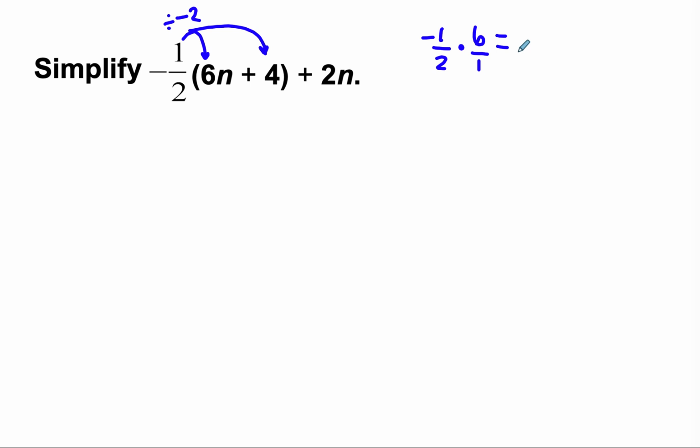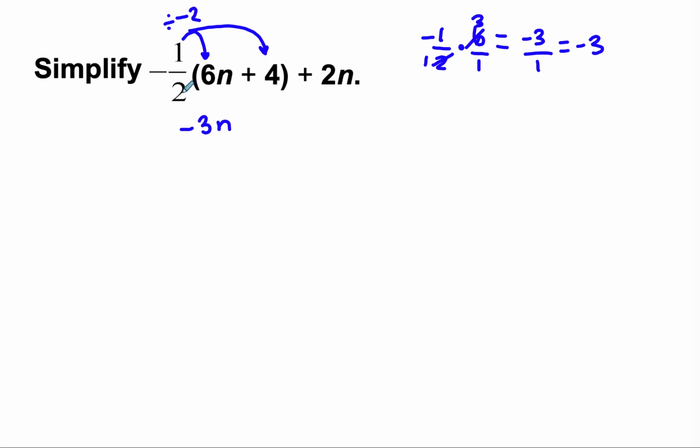And then I like to cross cancel. So 2 divided by 2 is 1, and 6 divided by 2 is 3. -1 times -3 is -3. 1 times 1 is 1. -3 over 1 is -3. So when I do -1/2 times 6n, I get -3n.